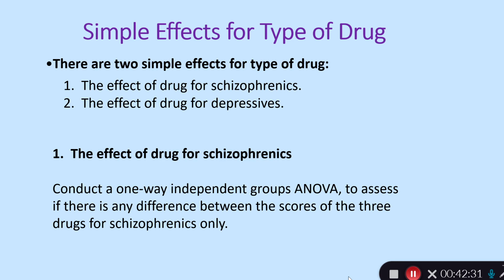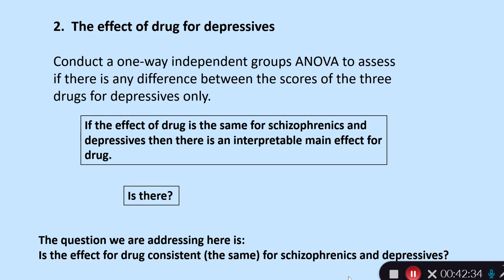Okay. For the second one, the effect of drug for depressives, we'd conduct a second one-way independent groups ANOVA to assess if there's any difference between the scores of the 3 drugs for depressives only. So we're only considering depressives.